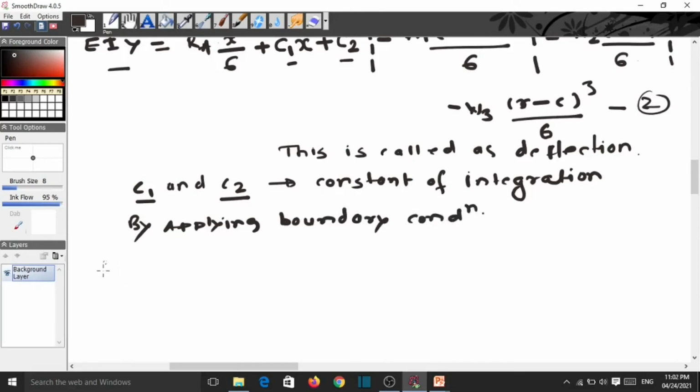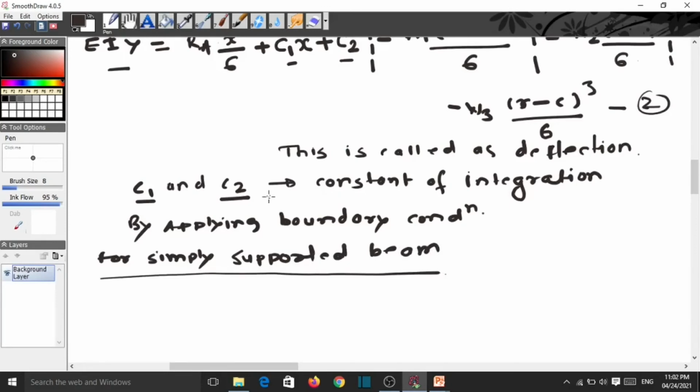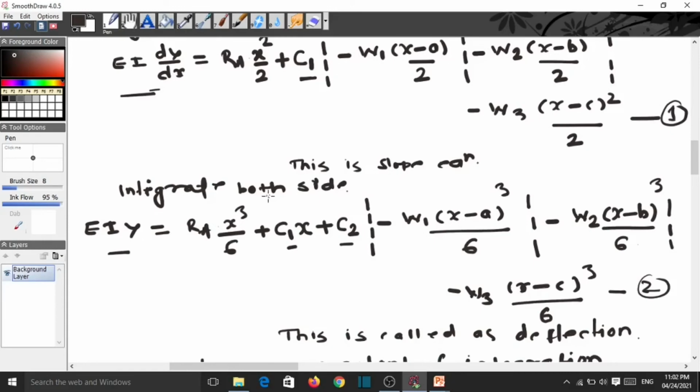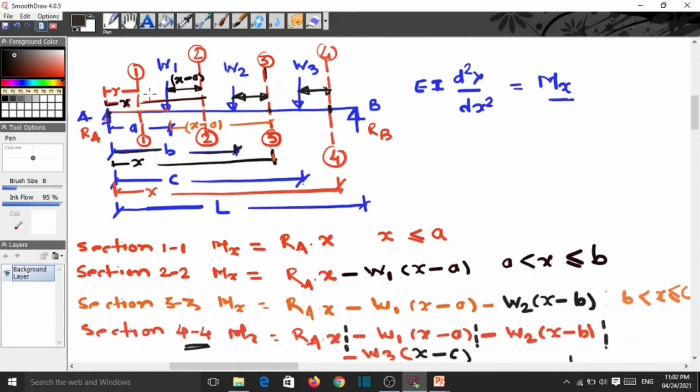Now, for the simply supported beam, this second equation is the deflection equation and the first one is the slope equation. From the simply supported beam, we know that at support A the deflection y is 0 because it's a support, also x is equal to 0.